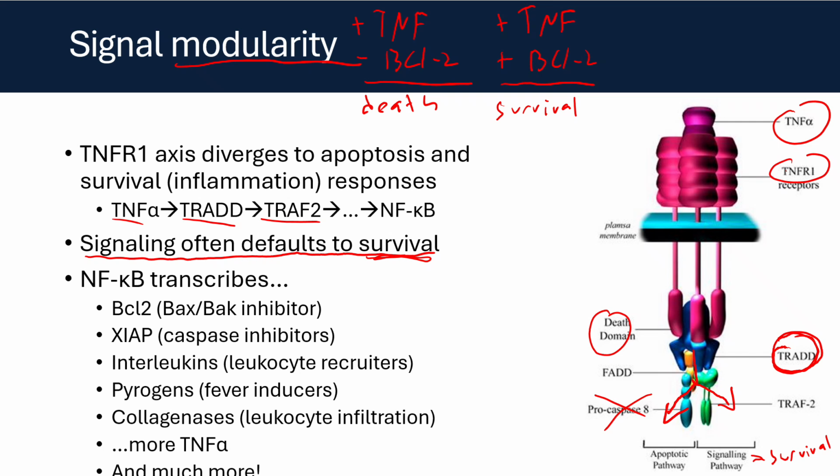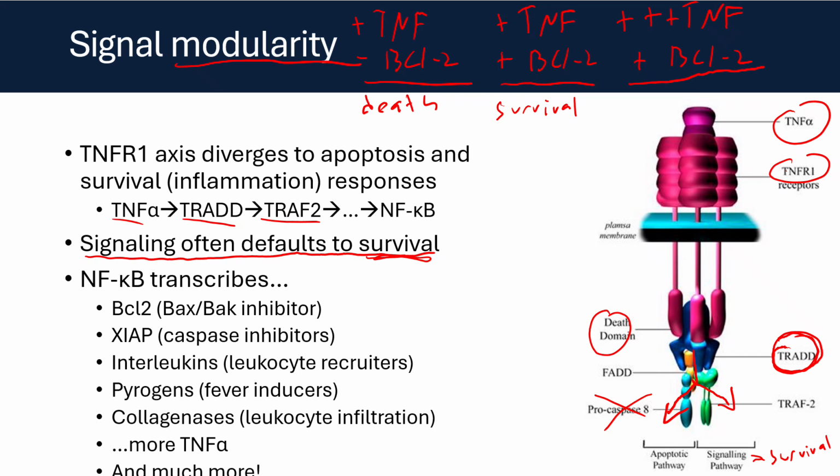Now, let's imagine what could happen when we have a healthy or unhealthy amount of BCL2, and we have a large amount, in turn, of TNF.